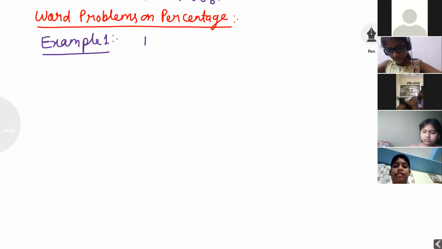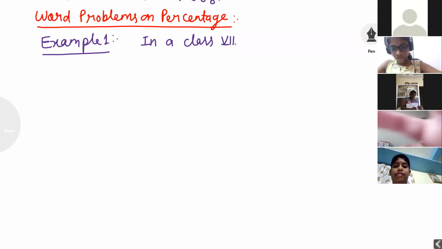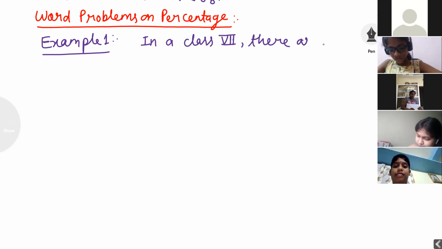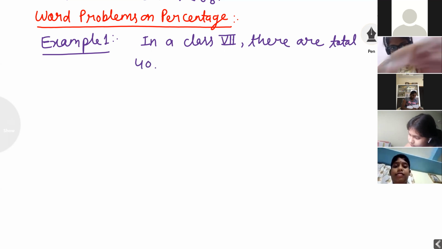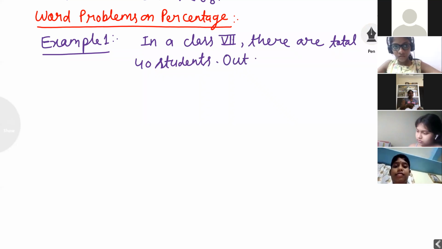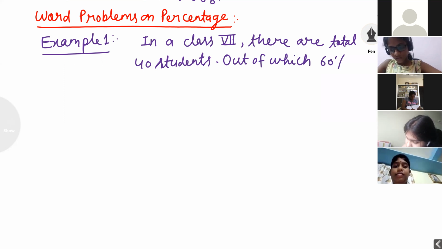In a class 7th, there are total 40 students, out of which 60 percentage are boys.